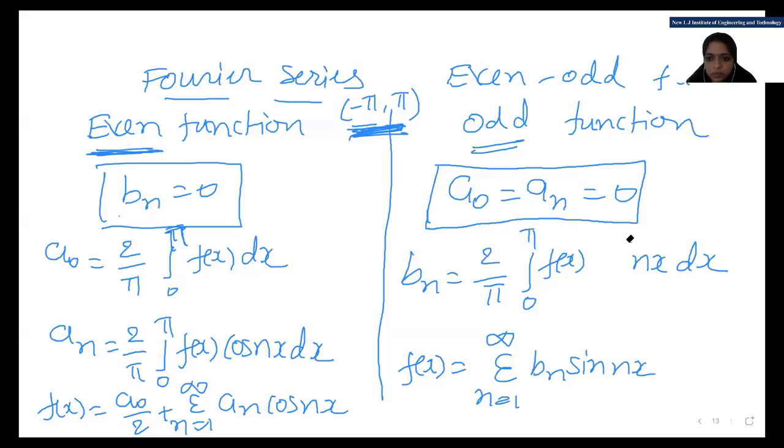For bn, this is sin. For an it is cos, but for bn it is sin nx.